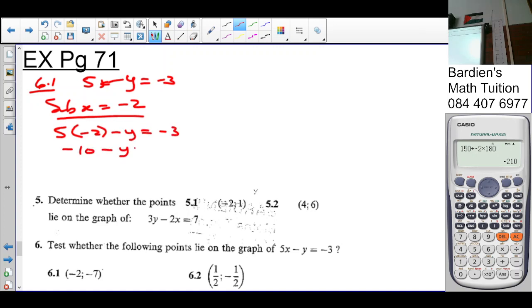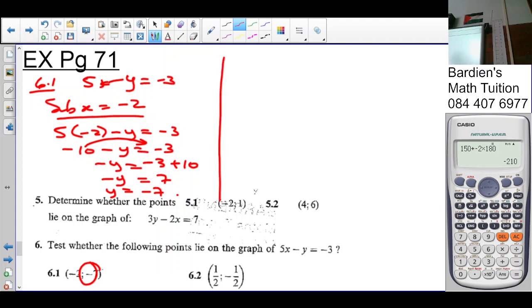Negative 10 minus y is equal to minus 3. Negative y is equal to negative 3 plus 10, which is 7. So y is equal to negative 7. Is negative 7 the y value? Yes. So therefore, (-2, -7) lies on 5x minus y equals negative 3. You all okay with that?